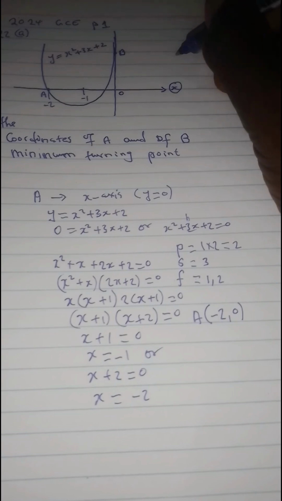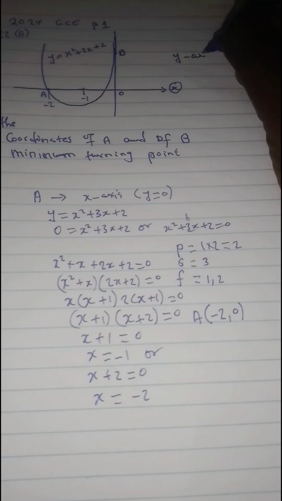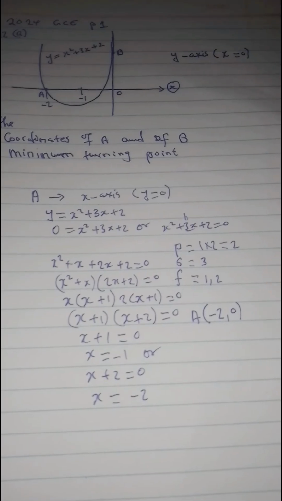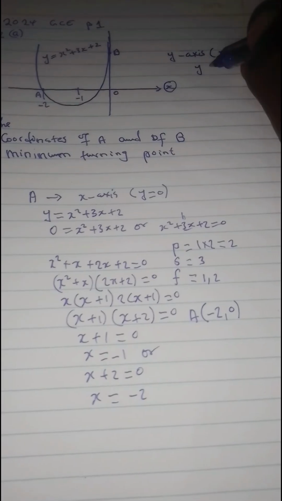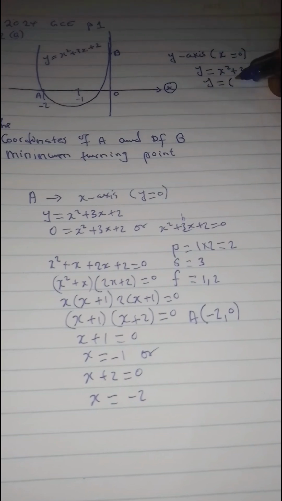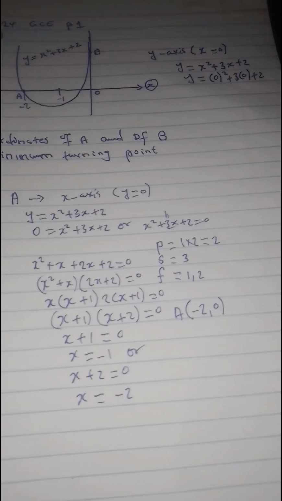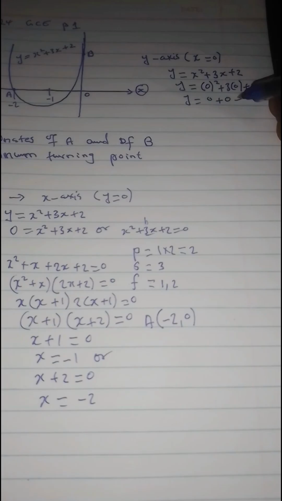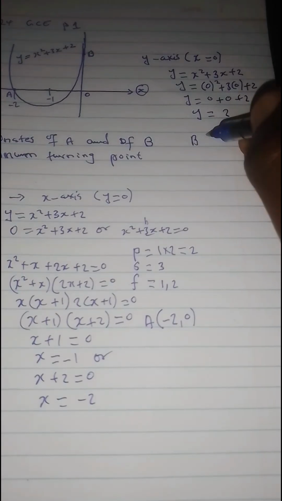The equation of the y-axis is x equals 0. Going back to the curve, y equals x squared plus 3x plus 2, since x is 0 we put 0 where there is x, so y equals 0 plus 0 plus 2, which is y equals 2.